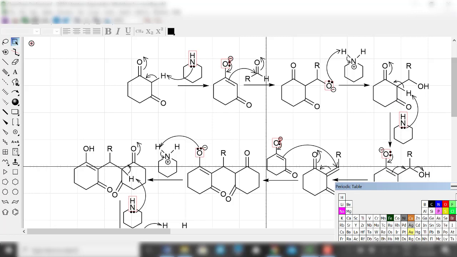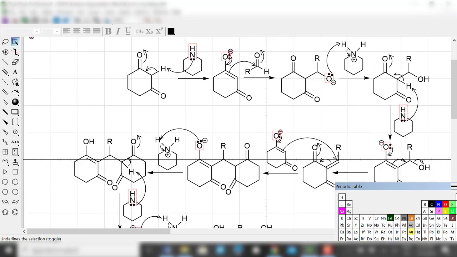Of course, the first thing is how to generate a nucleophile from the diketones, and then how do you perform a simple nucleophilic addition from the nucleophile being generated, and then how do you draw a proper protonation step later on.